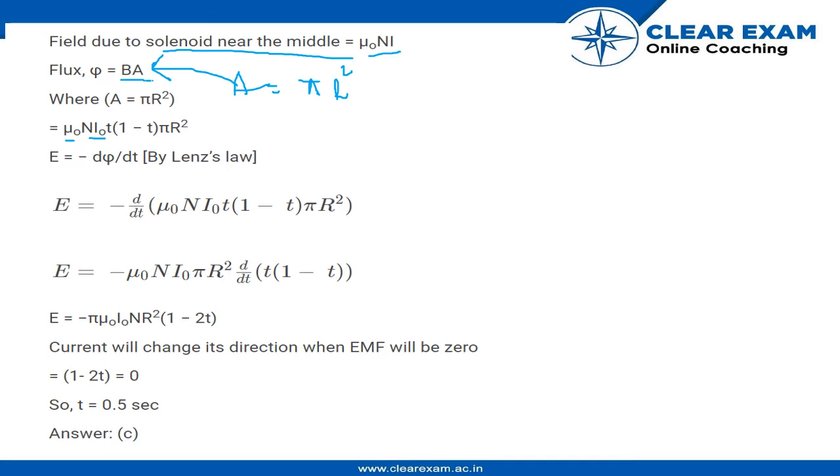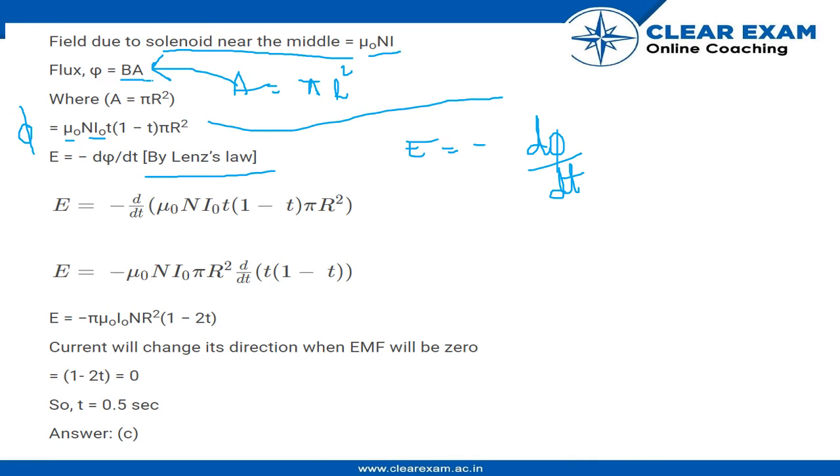And also according to Lenz's law, E is defined as minus d phi by dt, and we are simply going to put the value of flux in this, and this is our value of flux.